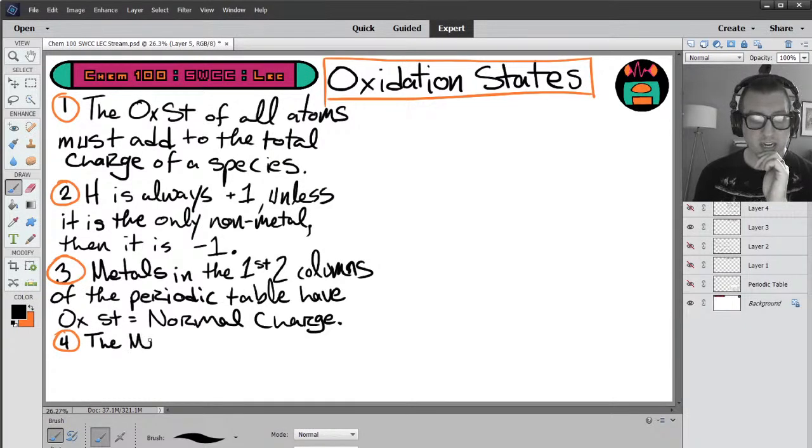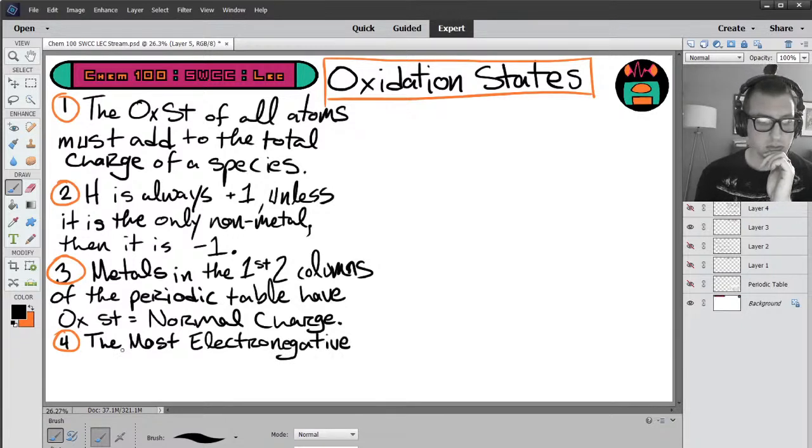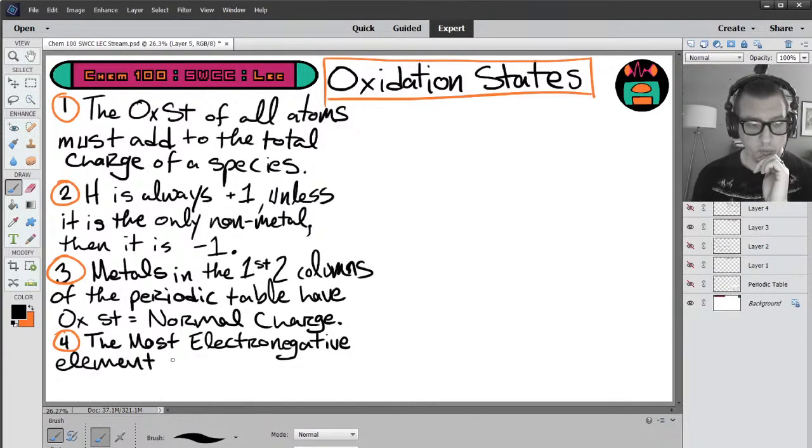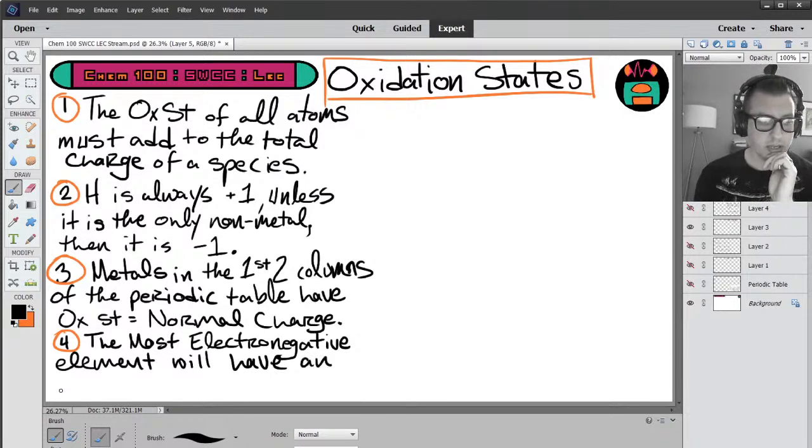The most electronegative elements will have an oxidation state equal to its normal charge.